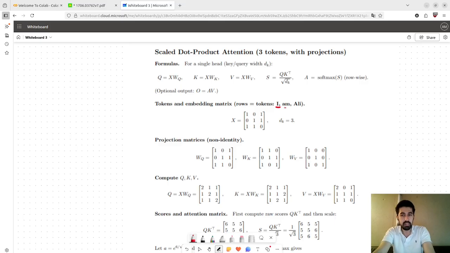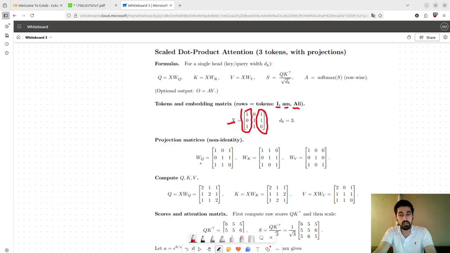So first we do vectorization. I'll explain it later, but you'll get a matrix X which basically describes the paragraph that we have. So for example, let's say I is 101, this vector, am is 011, and Ali is 110, the last column, and the middle column is am.